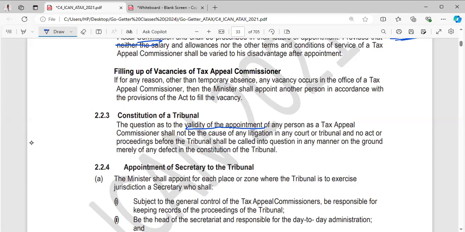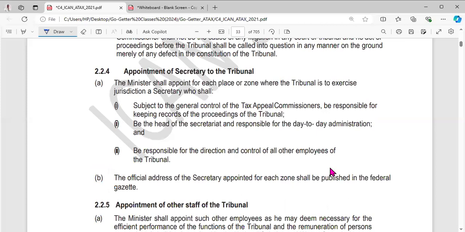All right? So we said before there is a chairman, there is also a secretary. The minister shall appoint the chairman first, then the minister shall also appoint for each zone a secretary. What will the secretary do? Subject to the general control of the tax appeal commissioner, the secretary will be responsible for keeping records of the proceedings of the tribunal.